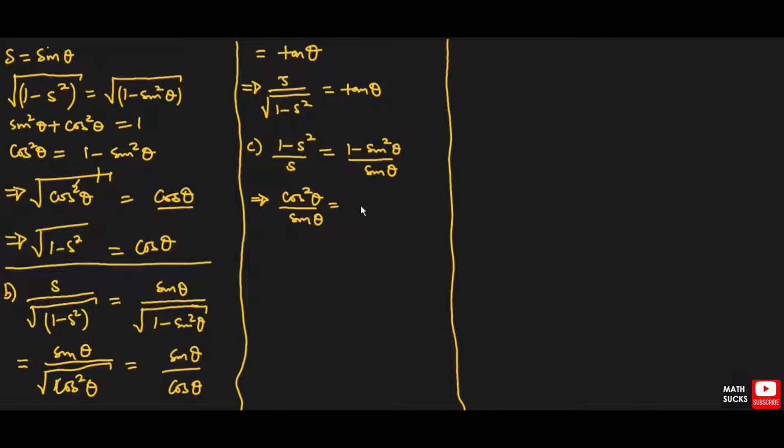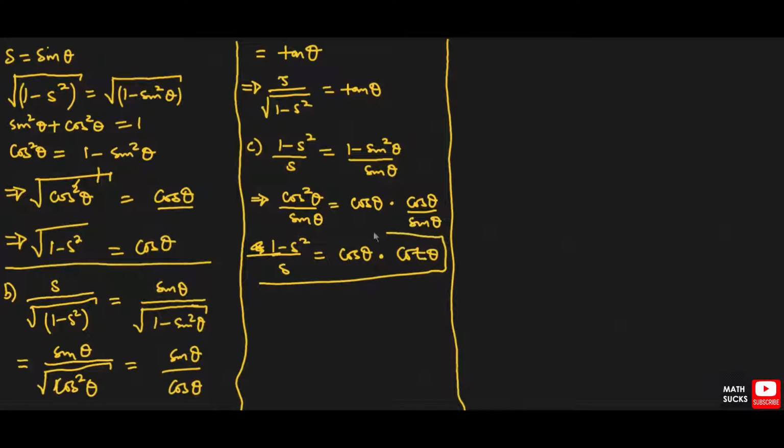And so this means that we can split this up as cos of theta times cos of theta, everything over sine of theta. But what is cos theta over sine of theta? It is cot. So we can say therefore that the square root of 1 minus s squared over s is the same as cos of theta times cot of theta. And so that's where this problem ends.